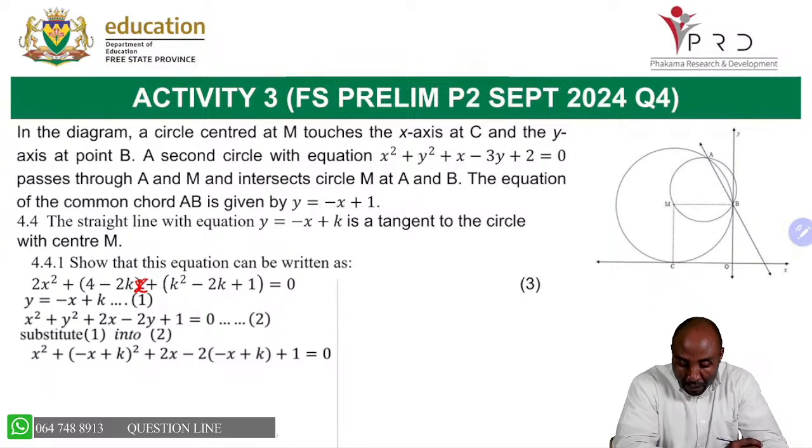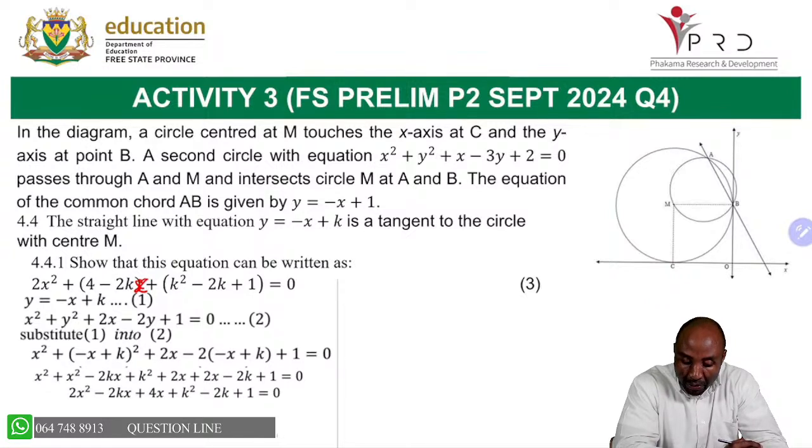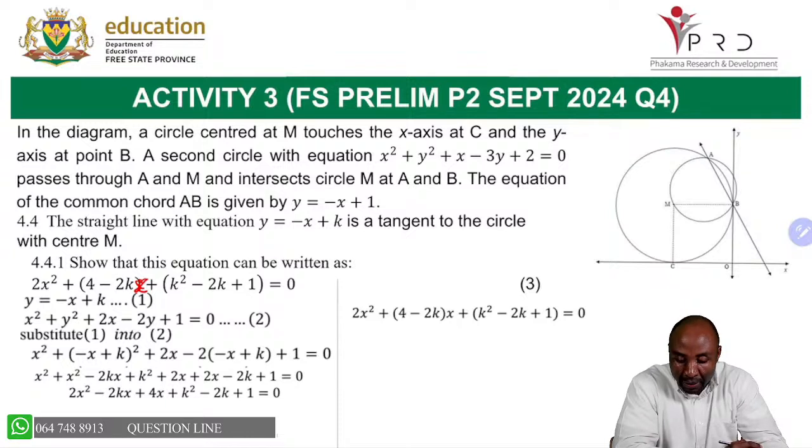Now, we will then have to expand, and we get our answer as that, and then we will take out our common factor, and it will lead the equation to that.